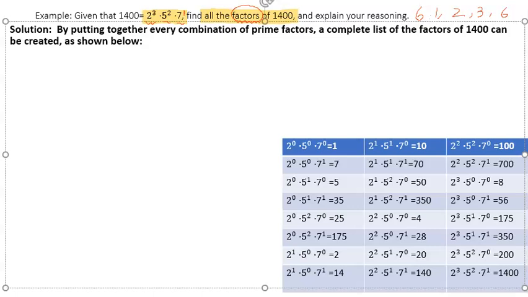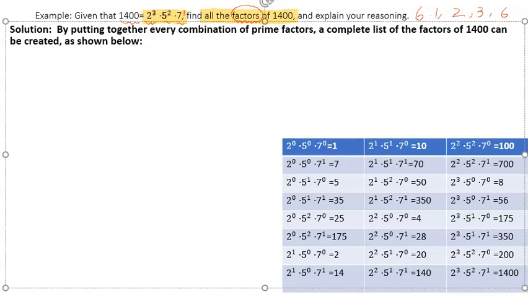We know any number can be made using the prime numbers. So if a number can go into 1400, it must be made from a certain number of copies of 2 or 5 or 7. It can have any number of copies of each prime number.